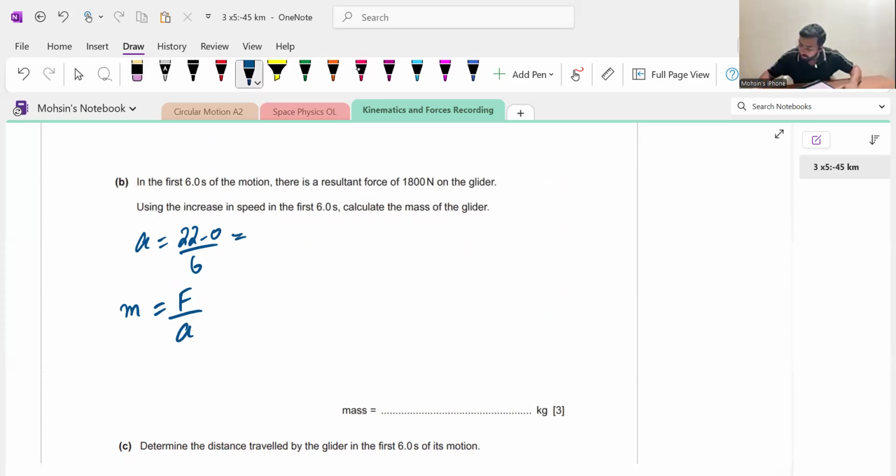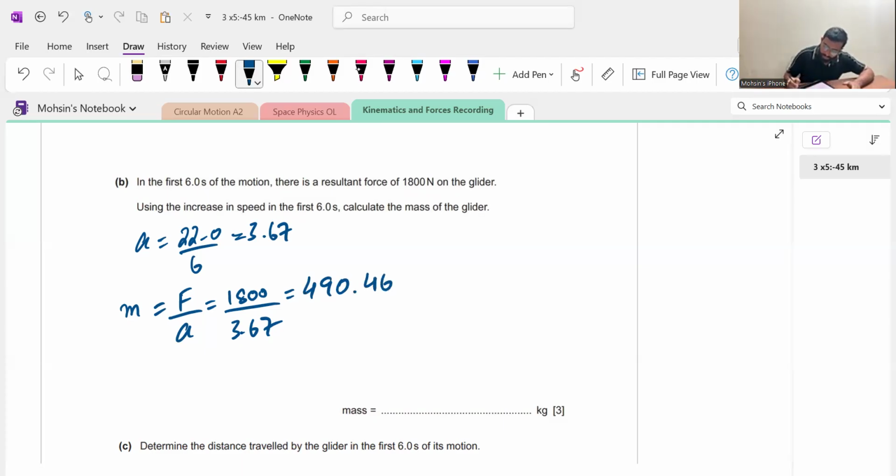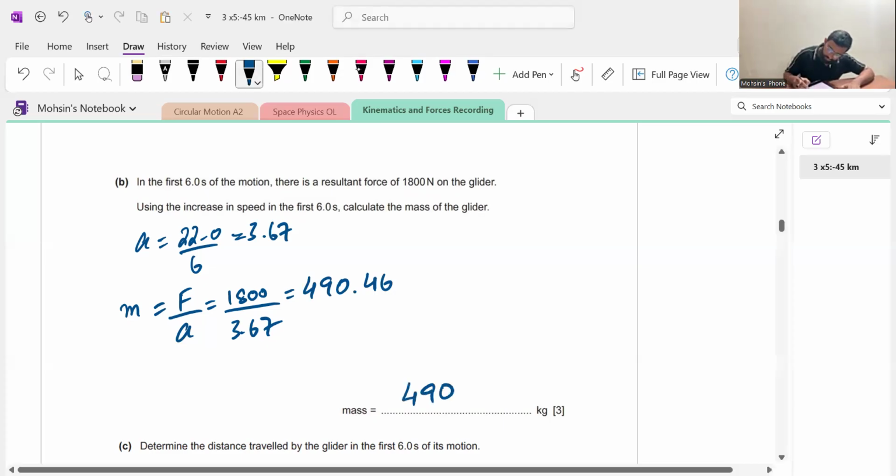So acceleration is 22 over 6, 3.67. Force is 1800. Remember, we have resultant force here. So 1800 divided by 3.67, 490.46, which makes it 490.5. So 490 kilogram.